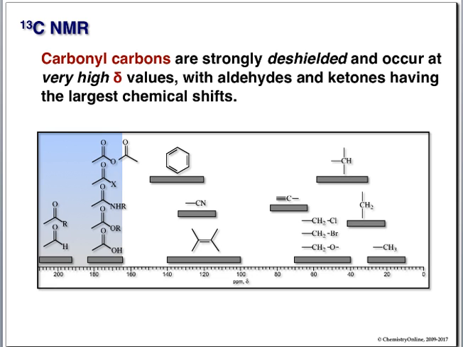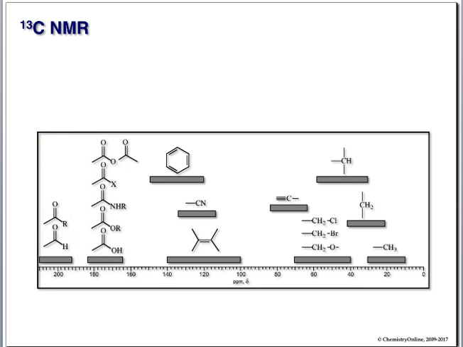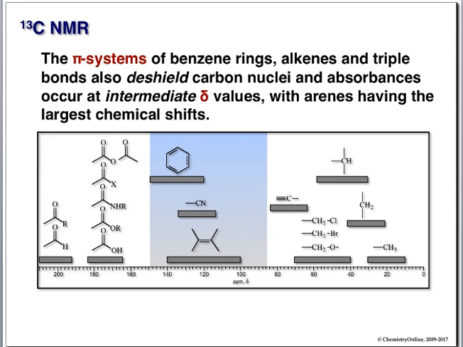Going down, the next thing we hit are going to be carbon-carbon multiple bonds. Now, in the region of carbon-carbon multiple bonds, the highest in terms of parts per million are going to be your benzene carbons. We'll see that there are particular patterns of these depending upon substitution, but they tend to be here between 150, maybe 130, somewhere in there, again, depending on what's attached to them.